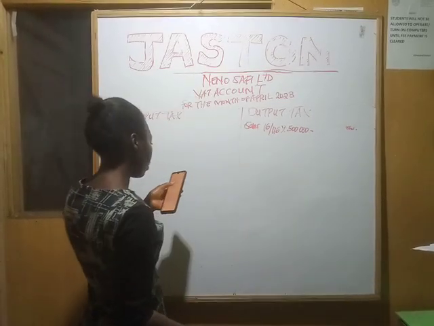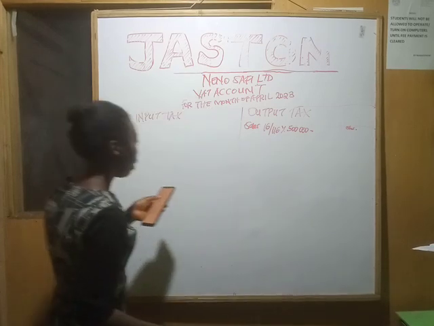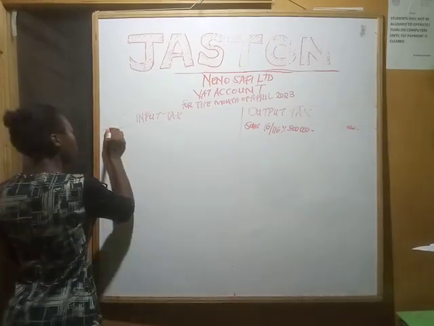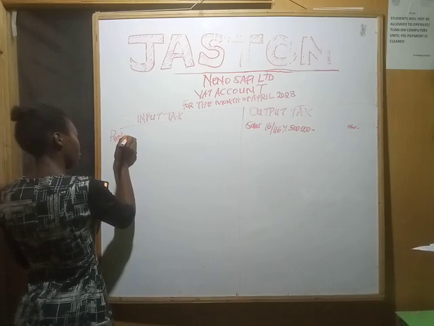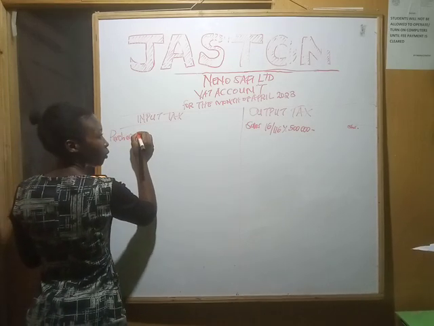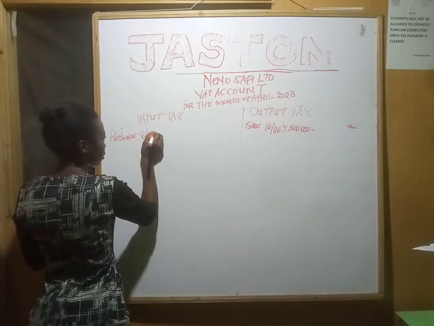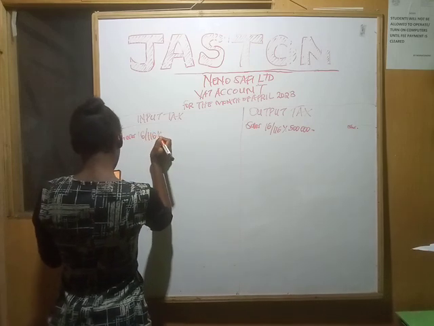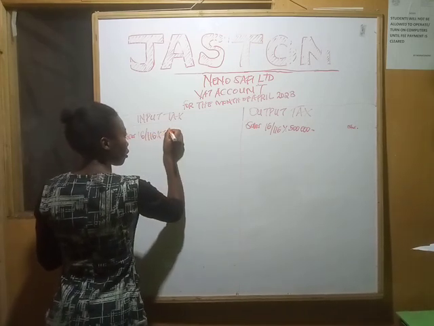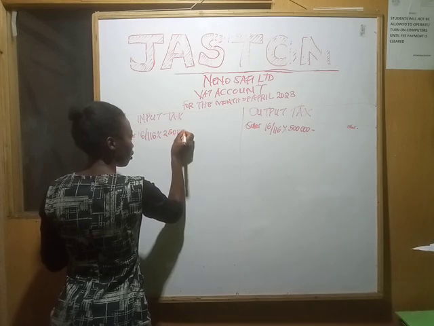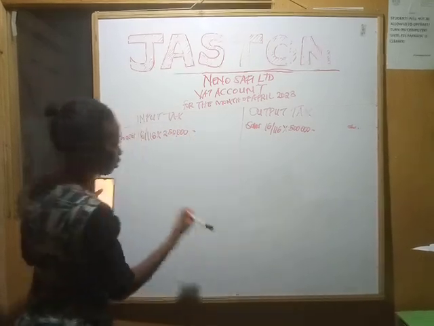We had purchases on credit from Salama Enterprises. We made some purchases, which is 16 over 116 multiplied by 250,000. We get our answer.